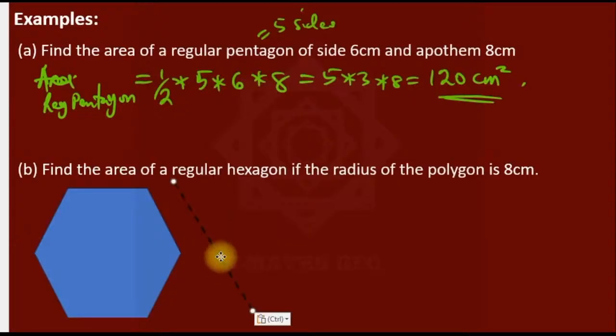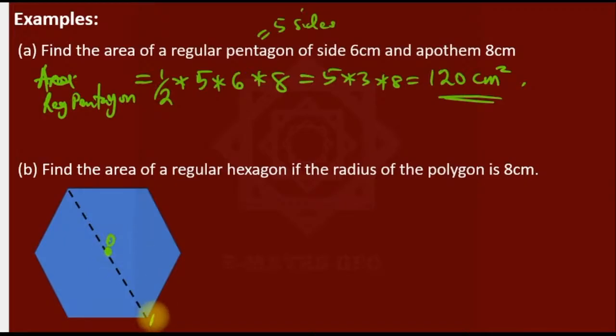I'll use a side for this. Remember, the radius of a polygon is the distance from the center to any of the vertices.